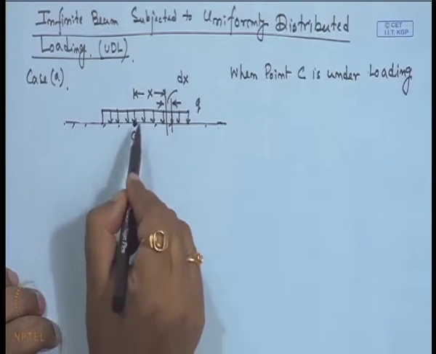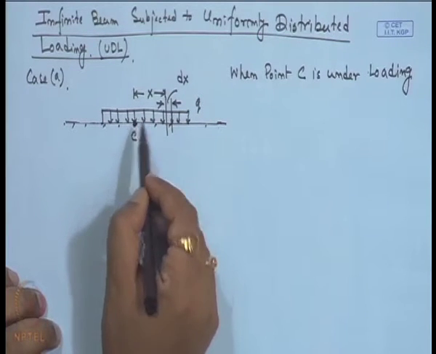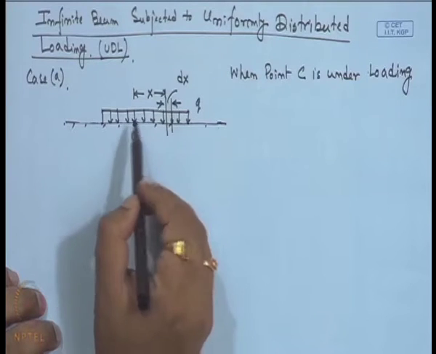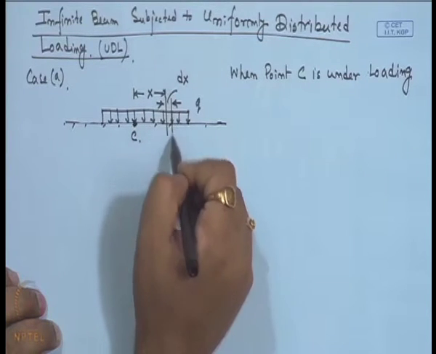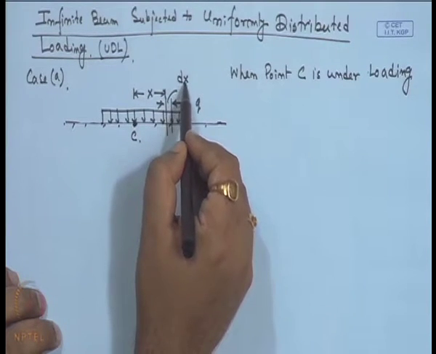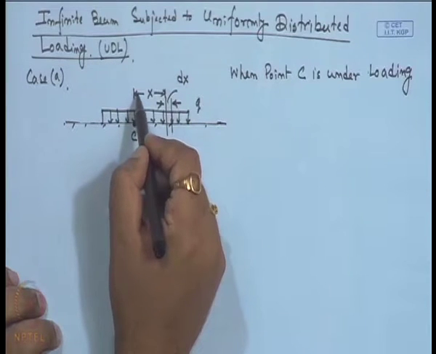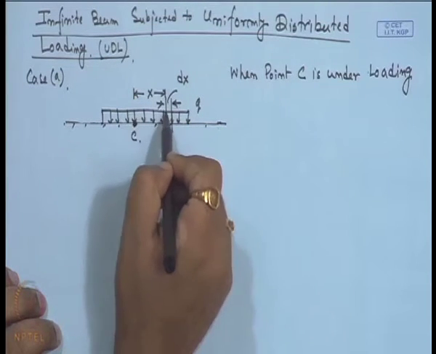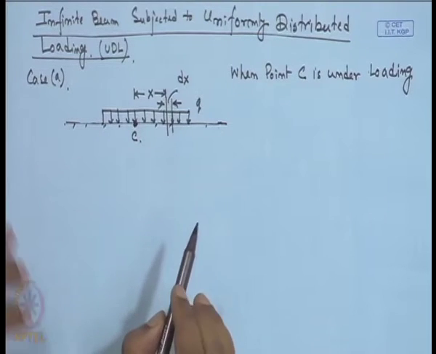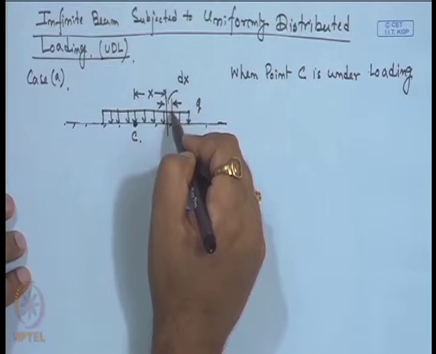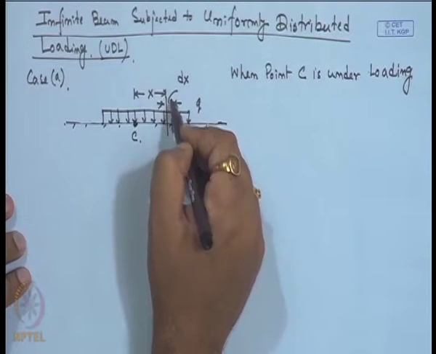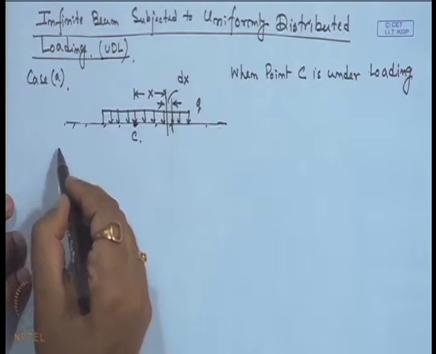So, here first case where we consider the point C, which is within the loaded region, and then we consider one small segment of width d x, which is at a distance of x from this C point. Now, due to this settlement, due to this small segment that we can write.